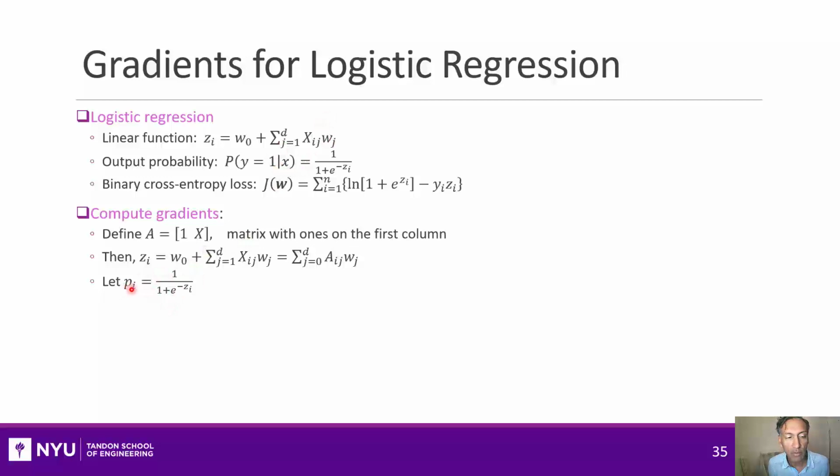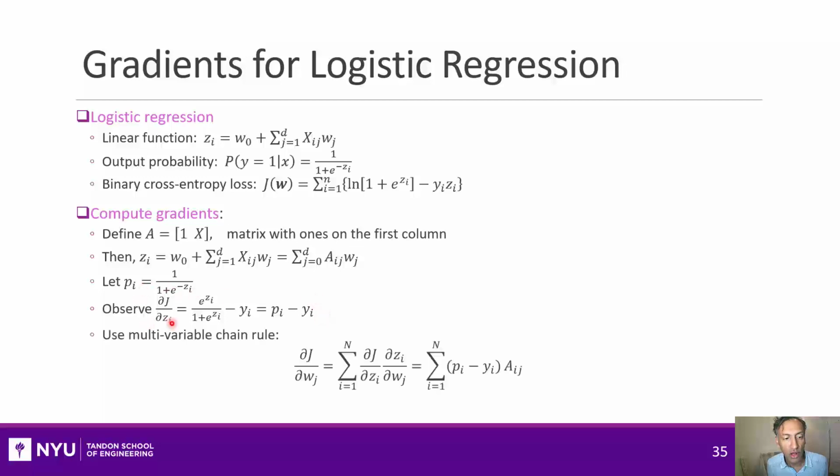So this is the probability that the ith sample is 1, or what our model says. And now, when you want to take the derivative of J with respect to zi, you just take the derivative of this term, minus the derivative of this term, and with a little bit of algebra, you can show it is pi minus yi.